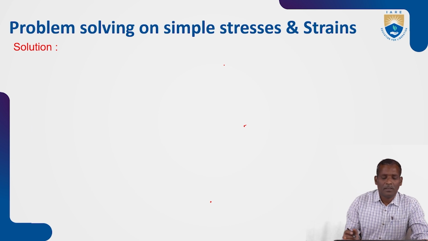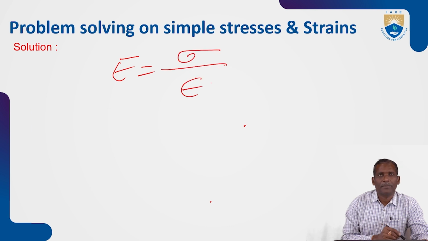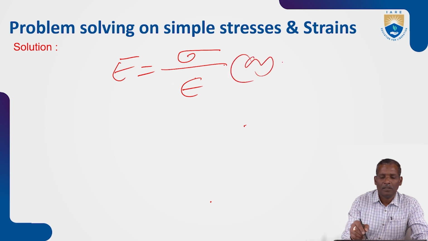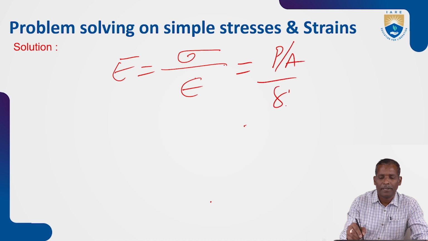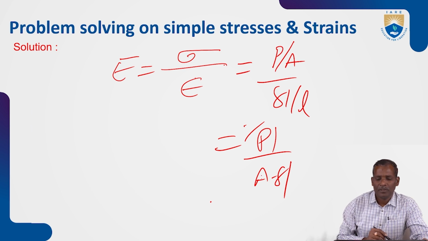Here E is equal to stress by strain, or load per area by delta L by L. So PL by A into delta L. P is given, and L, delta L and area you know, so you can calculate the E value.